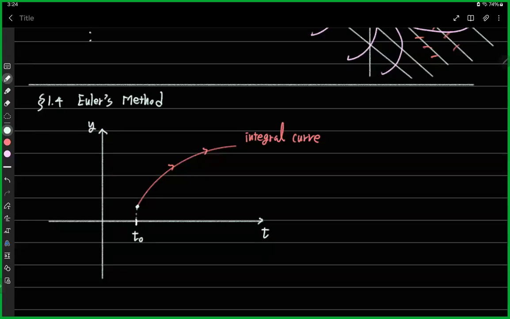We're talking about the differential equation dy/dt equals f of t comma y.